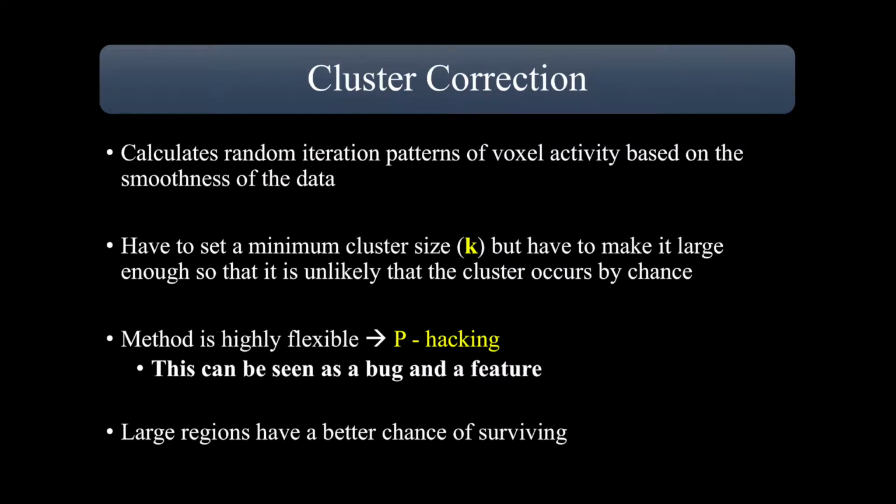One drawback of the cluster correction method is that small regions are wrongly negated more than large regions. A danger of methods with a high degree of flexibility, like cluster correction, is that it increases subjectivity and the likelihood of p-hacking. P-hacking refers to when we alter our threshold values to produce a favorable result. In other words, we force our data to fit our hypotheses.